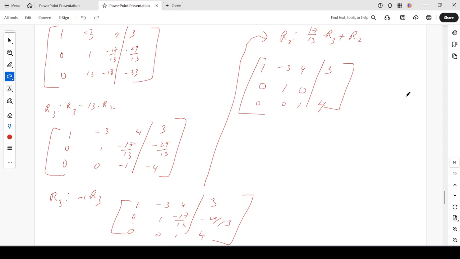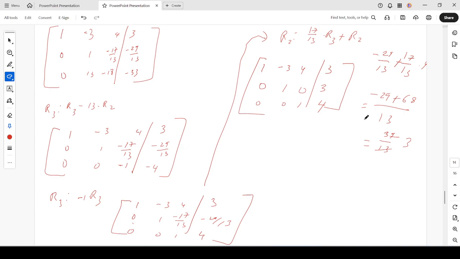Negative 29 over 13 plus 17 over 13 times 4, which is basically, with 13 here, negative 29 plus 17 times 4, which is 68. So which is 39 over 13. And if you divide 39 by 13, it is 3.